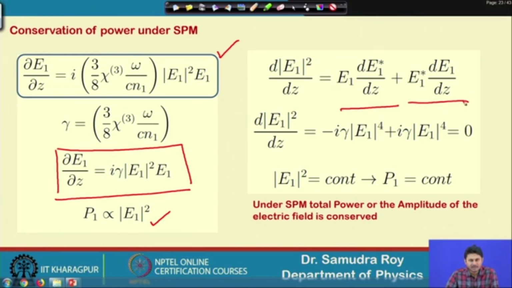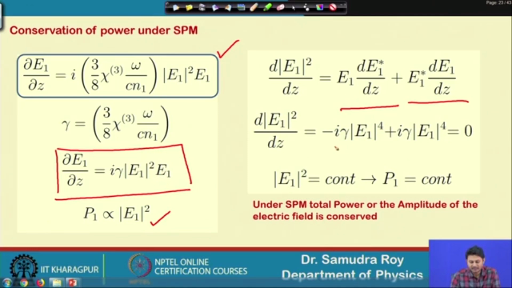E1 star dz I can find from this equation. So, what should be the del E1 star dz? It should be simply the complex conjugate of this quantity, and the complex conjugate means there should be a negative sign: minus i gamma mod of E1 square, which is not going to change, and E1 becomes E1 star. Now, this will be multiplied by E1.